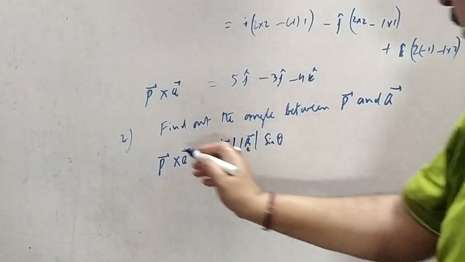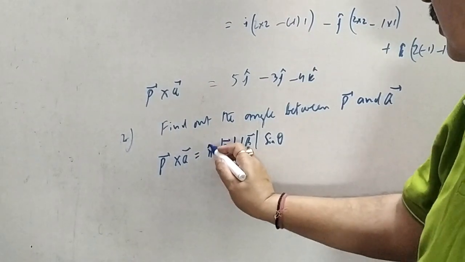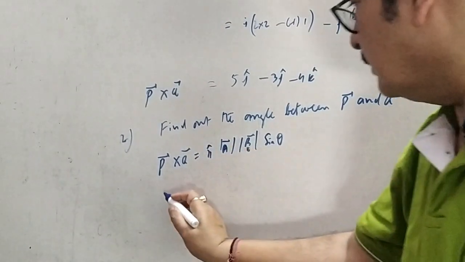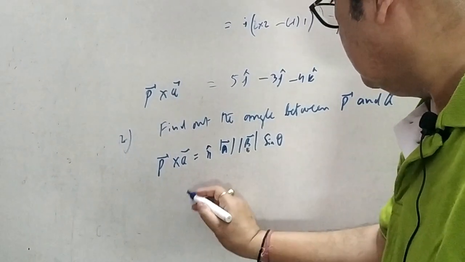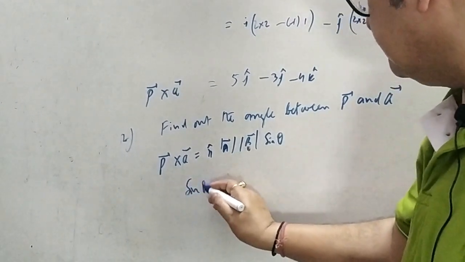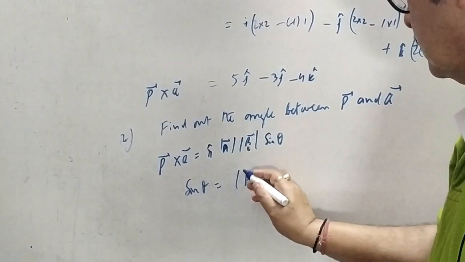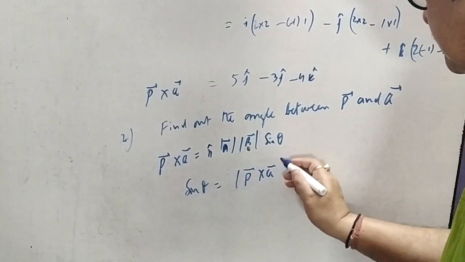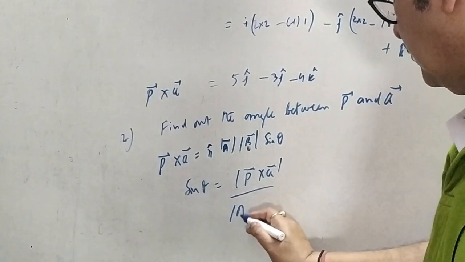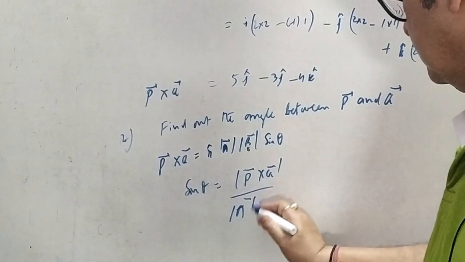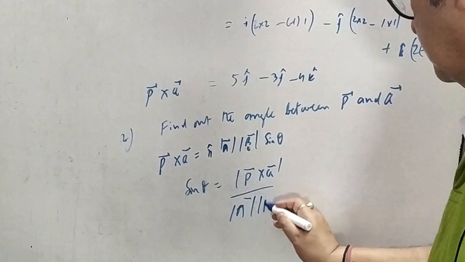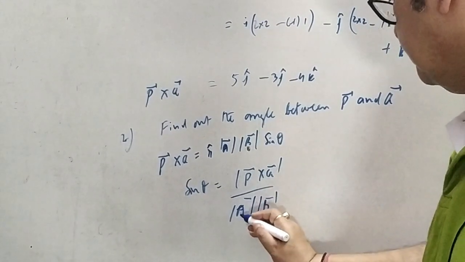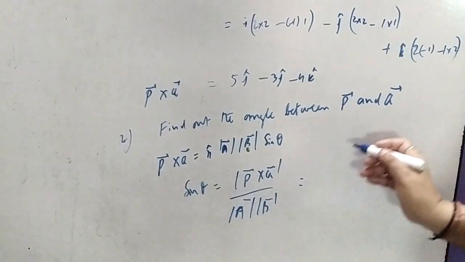And to get sin theta we need only the magnitude, to ignore this unit vector. Then we write sin theta equal to modulus of P cross Q upon modulus of A into modulus of B. How to do this?